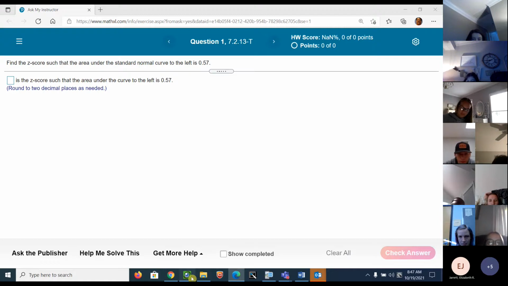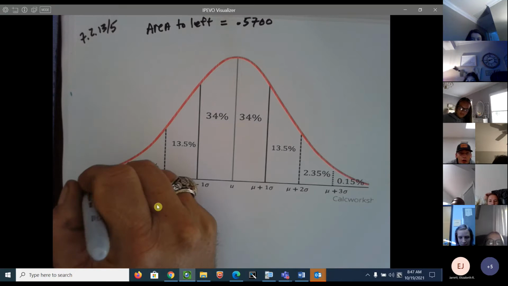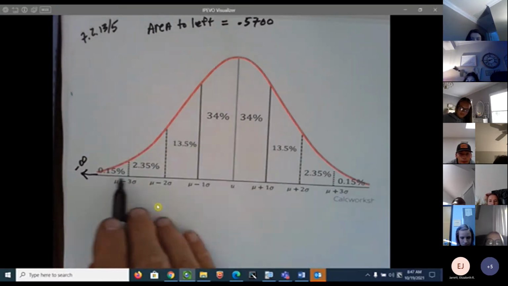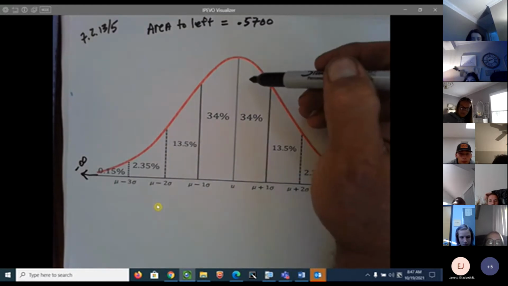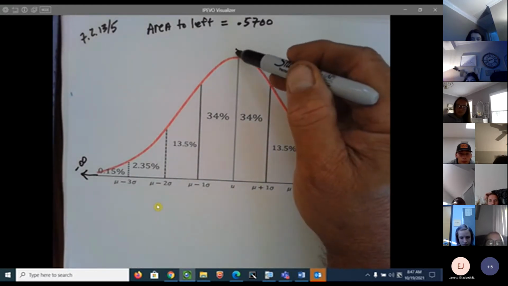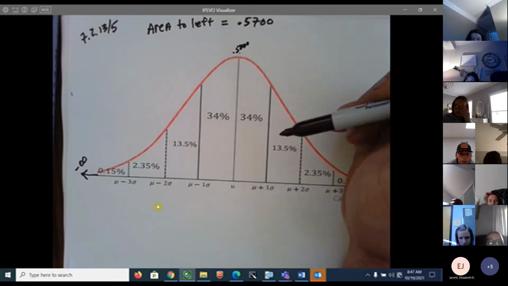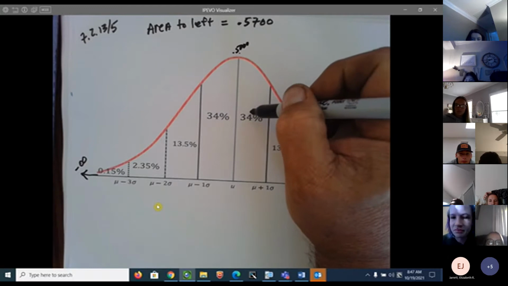So we got to draw it. This is negative infinity. We read from left to right. So 0.57, there's 50 right here, 0.500 right there. So let's see, 34 divided by 4 is 8.